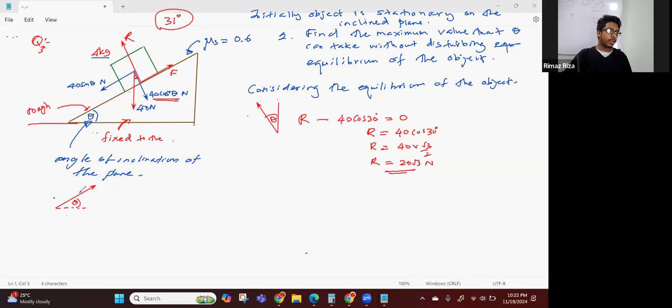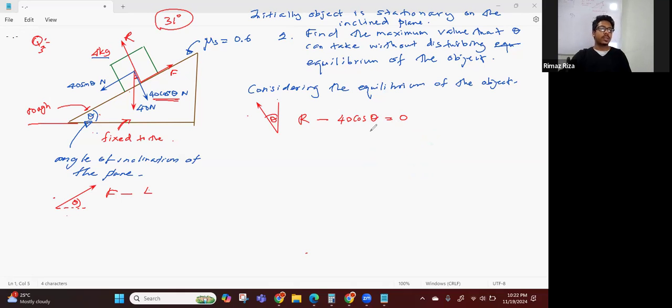So this angle is theta, and in this direction we have F. F equals F minus 40 sin theta. Sorry, it's cos, not cos 30.